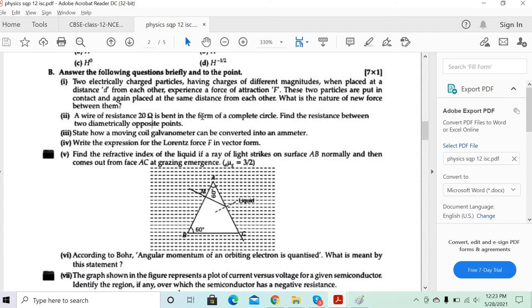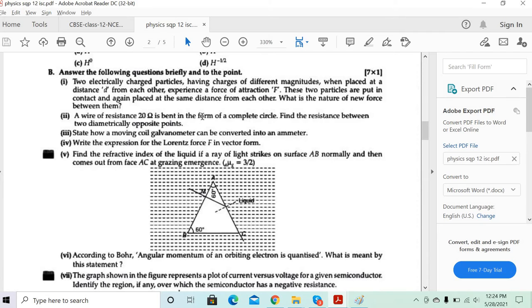See, the total length of the circumference has a resistance of 20 ohm. So what will a semicircle be, how much resistance? Resistance is directly proportional to length. Oh, right.